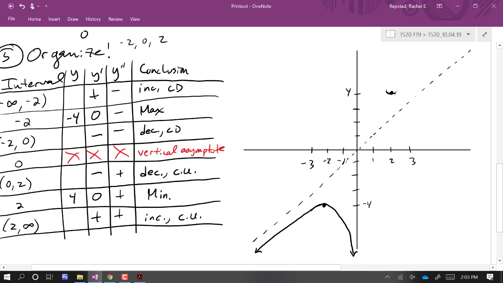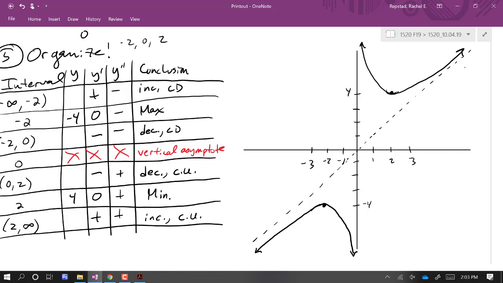First of all, this is a min, so it's decreasing into that point. Then it turns around. It's concave up the whole way, and then it's increasing forever, starting to approach this y equals x line. So there's the graph of this one. We plotted just 2 points, but we were able to fill in all the in-betweens.